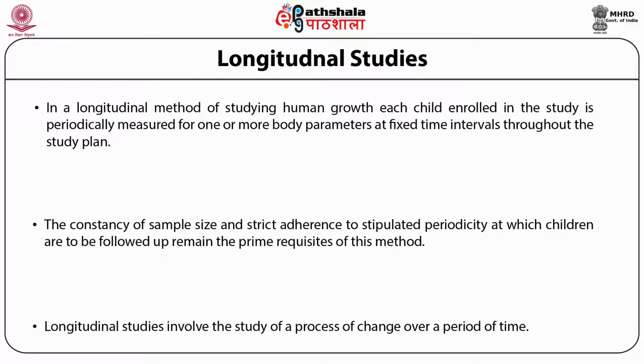The investigator then has to fit a growth curve to the serial measurements of each individual. For many purposes, graphical fits are sufficient, but mathematical curves may also be employed. The major drawback of a comprehensive longitudinal study is the time it takes to complete and the relatively small number of subjects that can be followed.